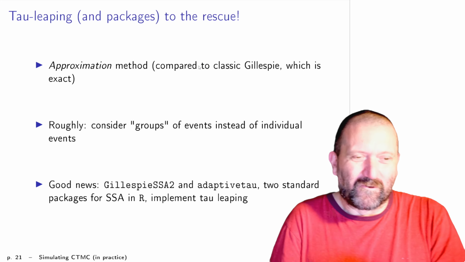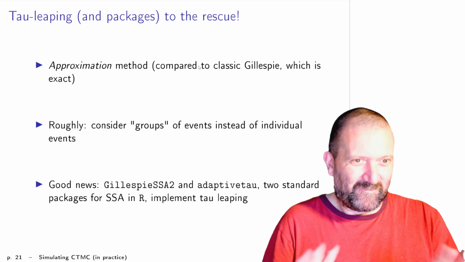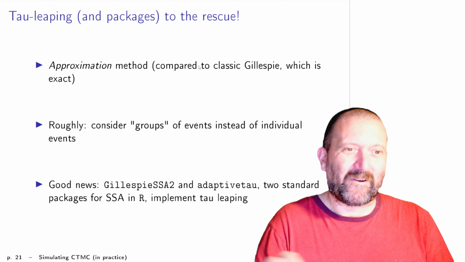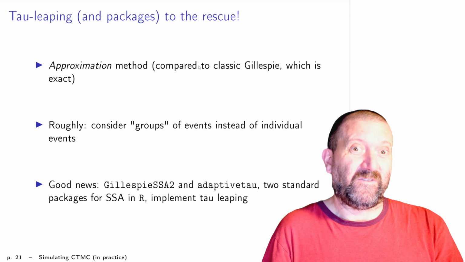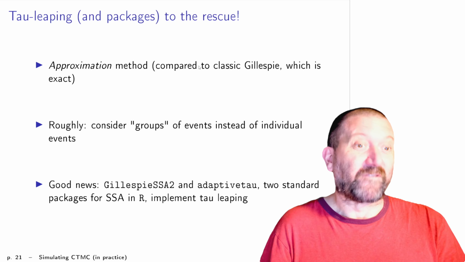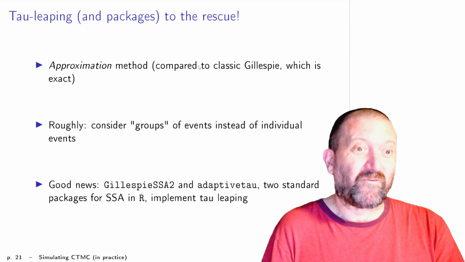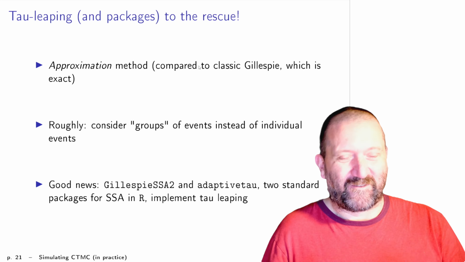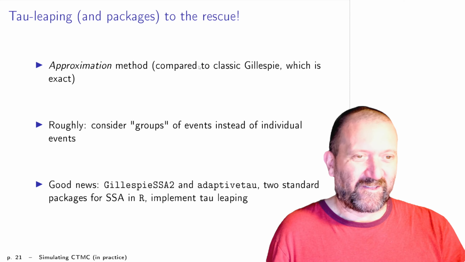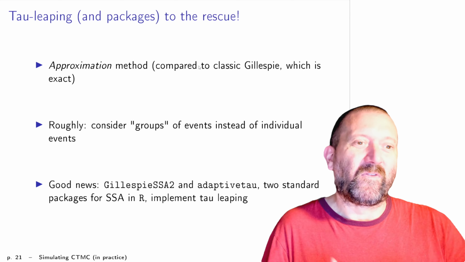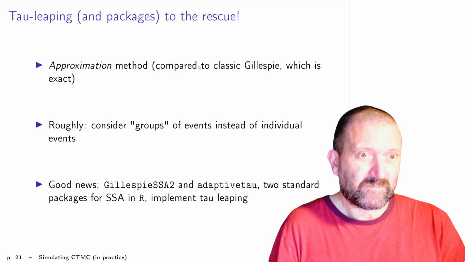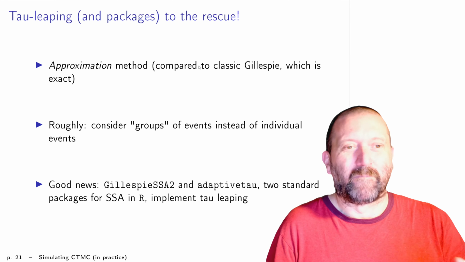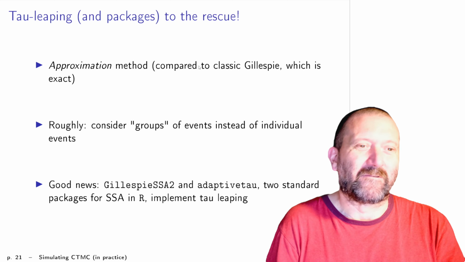This is not the place for showing you this, but I'm going to show you how to use these packages, which I should point out also do exact solutions. So you should probably start with an exact solution until you move to something that is adaptive, well, in tau leaping.